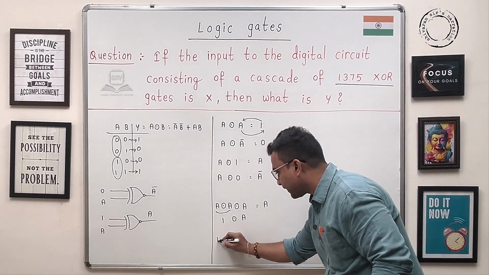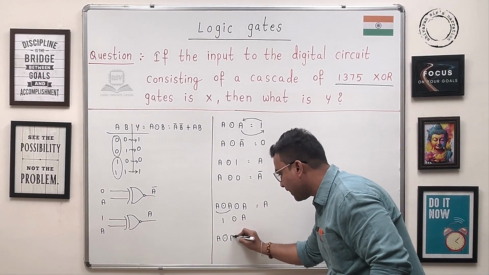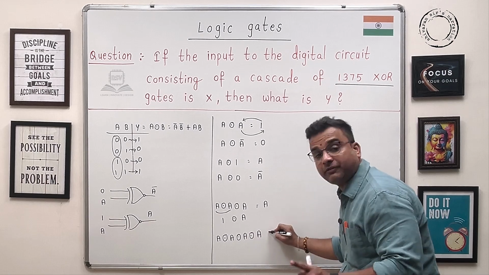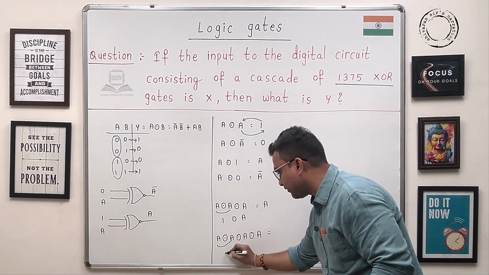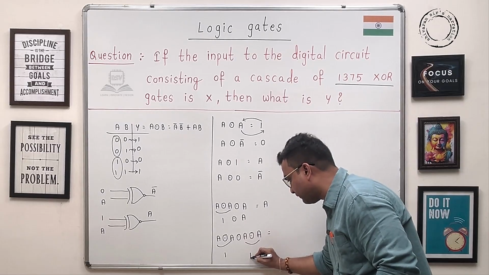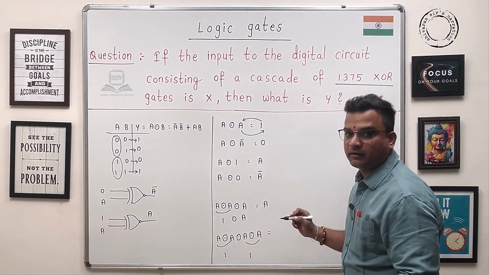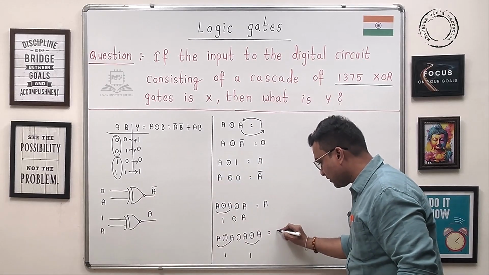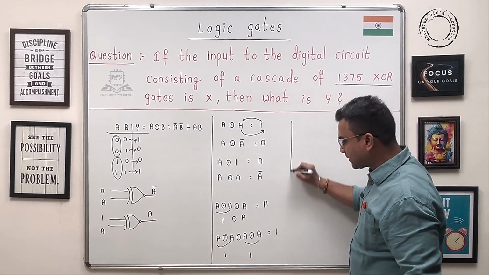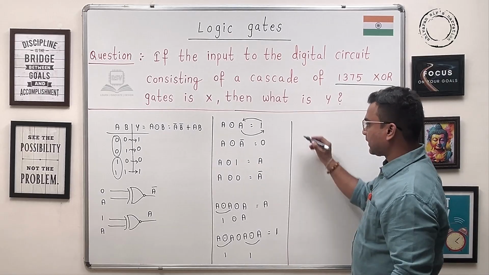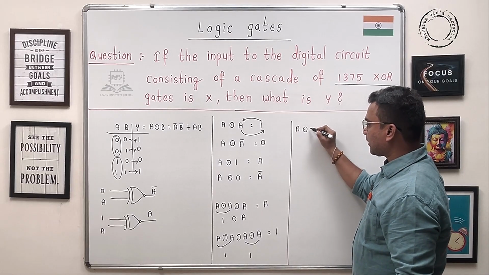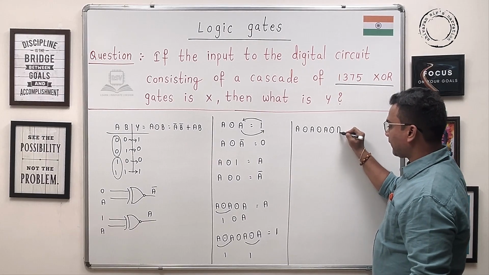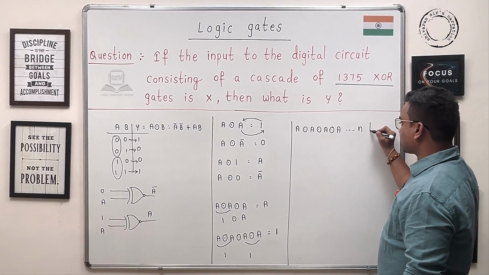Similarly, let us take A XNOR A XNOR A XNOR A, meaning even number. A XNOR A will give you 1, A XNOR A will give you 1, 1 XNOR 1 is logic 1, hence it is 1. So from this you can give one more point, that is A XNOR A XNOR A XNOR and so on, n times.